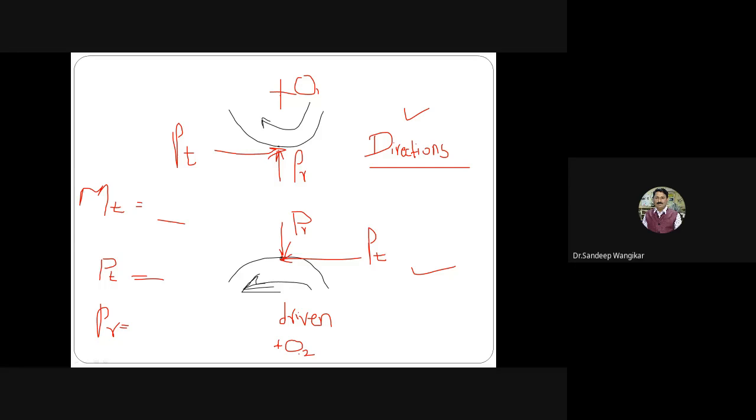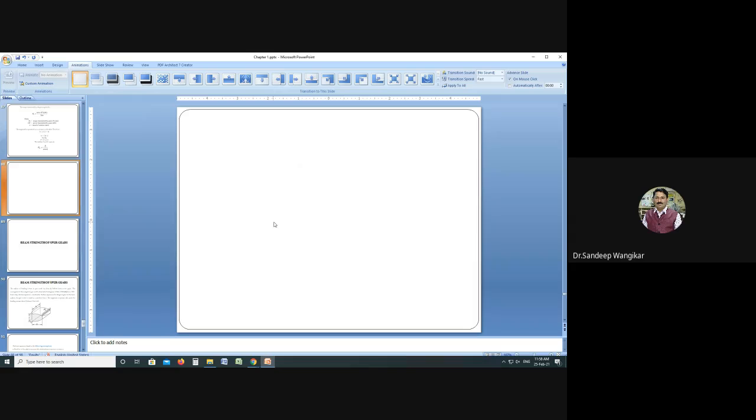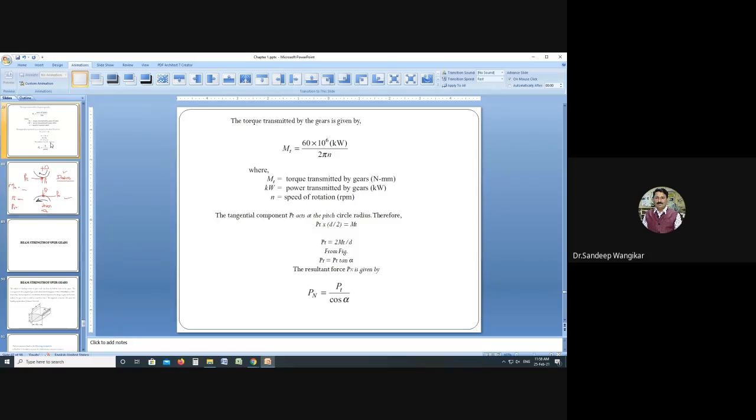Okay, so we have discussed, let us summarize. We discussed, very first, the minimum number of teeth required for a gear, then the practical condition and theoretical formula for this minimum number of teeth.